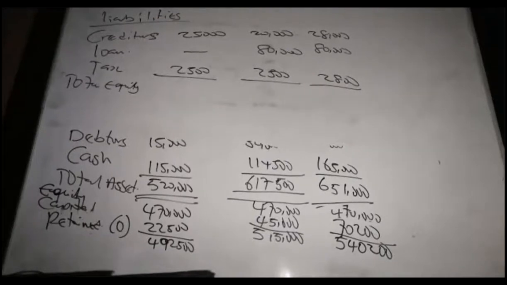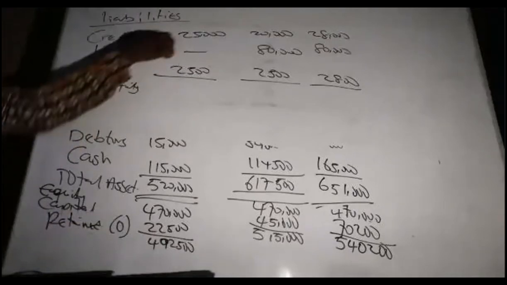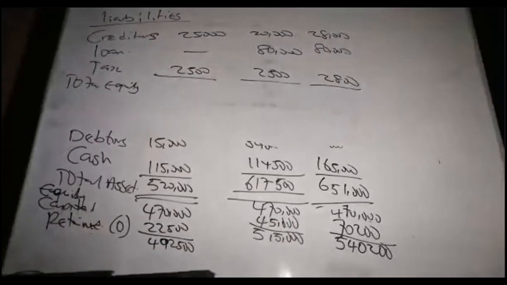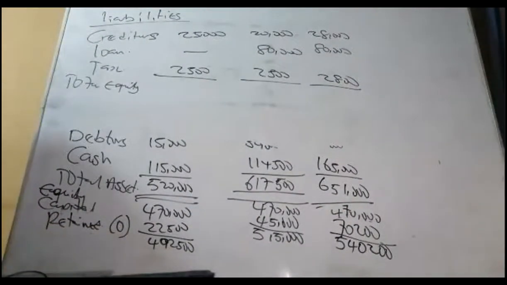Please, when you're adding, add from here 492, 2,500 plus all this, and put the answer down. Great. Then we are done. Perfect. So let's put them together.